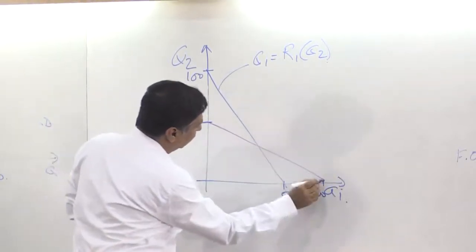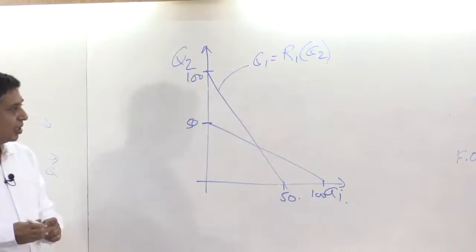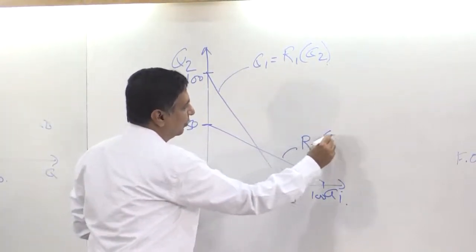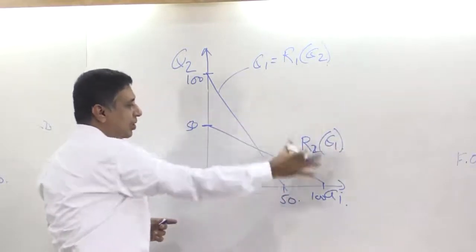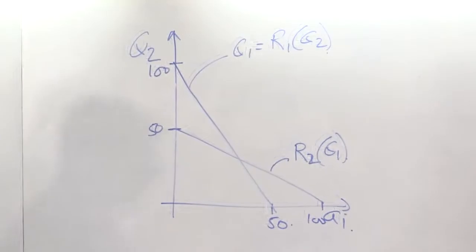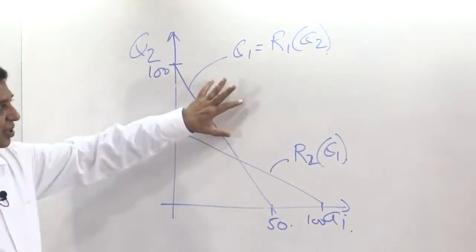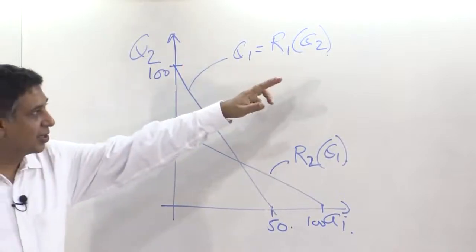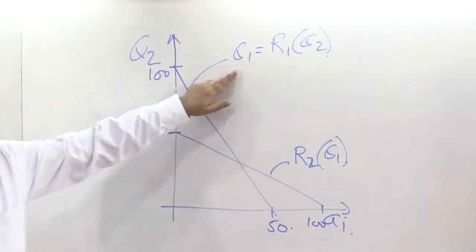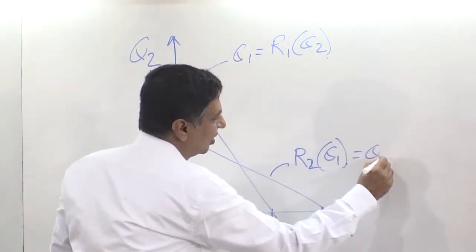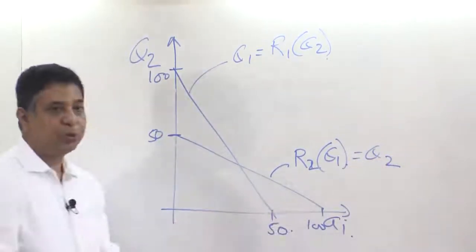So, I can join these 2 points up, and this will be R2 of Q1. These functions are called reaction functions. It is like you are reacting to what the other guy is doing. As Q2 changes, what Q1 should be, and as Q1 changes, what Q2 ought to be.